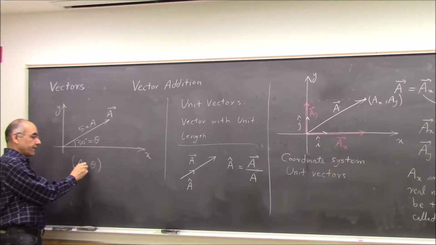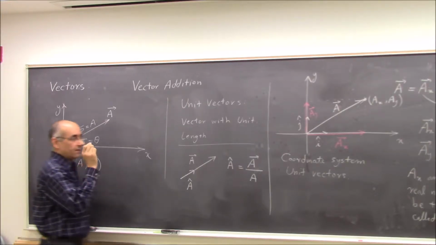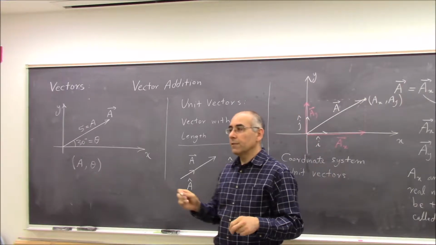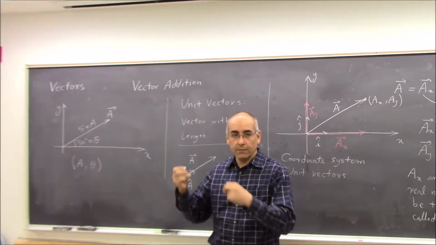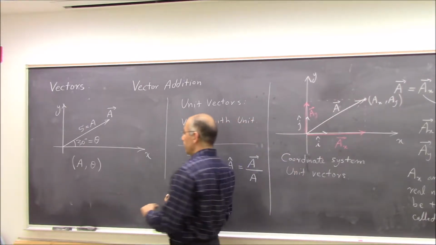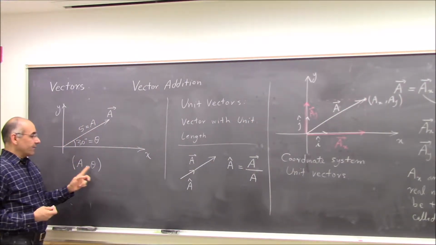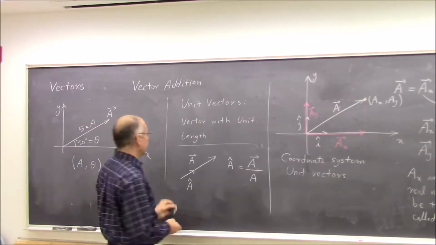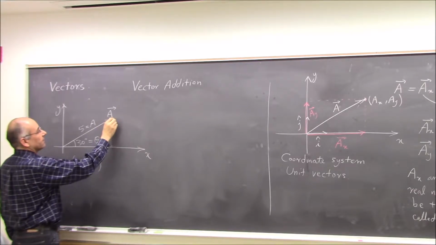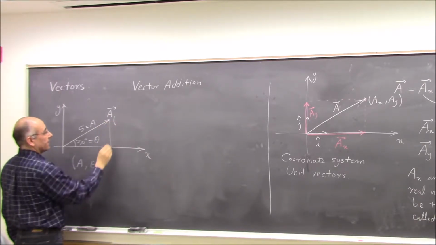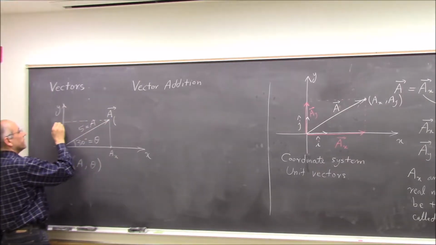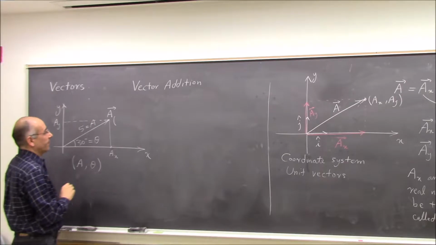So if you can identify a vector like this and the same vector like that, with x and y components, there should be a relationship between them, to go from this representation to that representation and come back. So what is the relationship between magnitude, direction and the components? You can also look at the components here. This point is AX, and this point on the y-axis is AY.